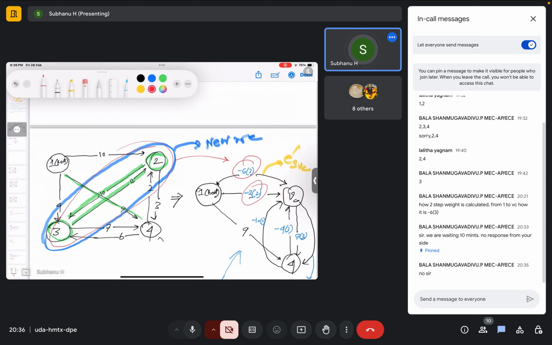Until this is clear, our new node was VC. So the question is, I found a new node, then what should be the weight of this new node? How should I find the weight of this new node? Is it your question?